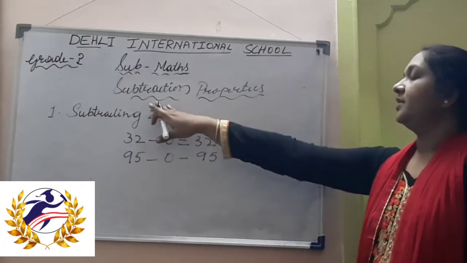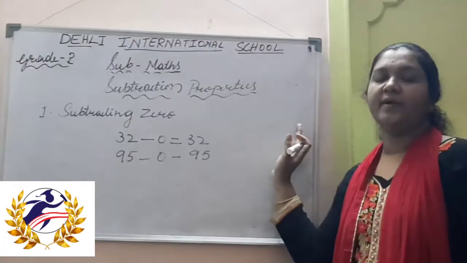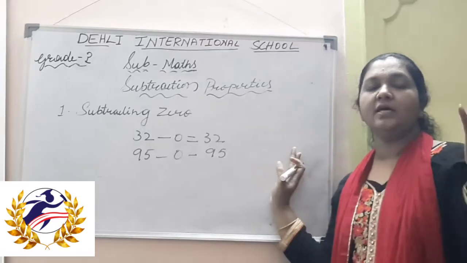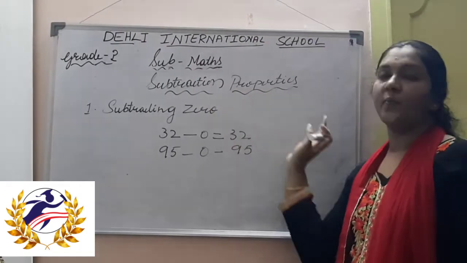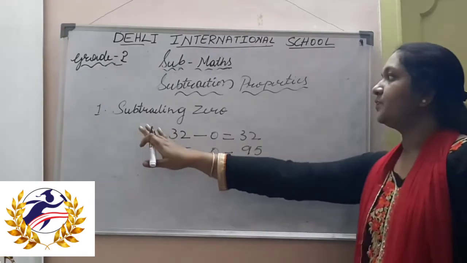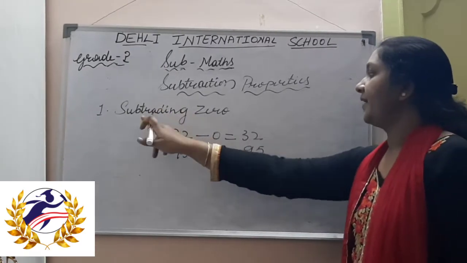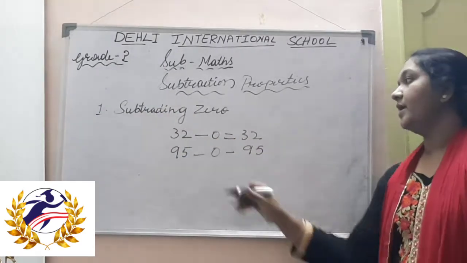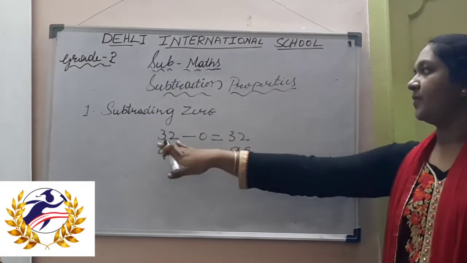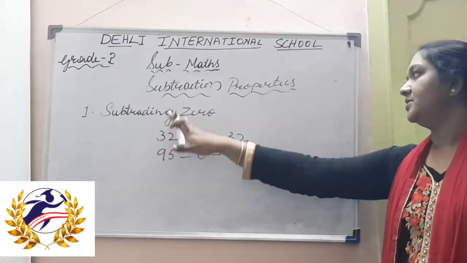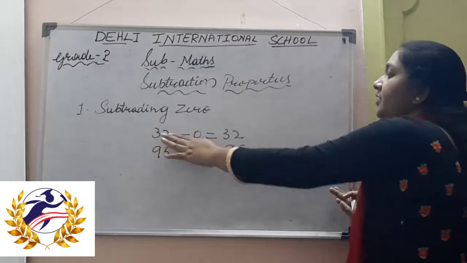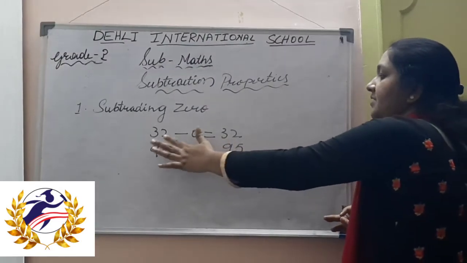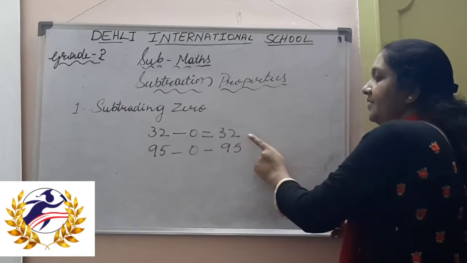Next, the other topic is subtraction properties. As in addition there are properties of addition, in subtraction there are properties of subtraction. The first property is subtracting 0. If we subtract 0 from the given number, the answer will be the number itself. Here 32 minus 0, the answer will be the number itself.